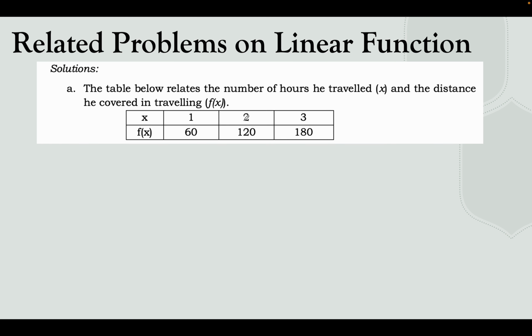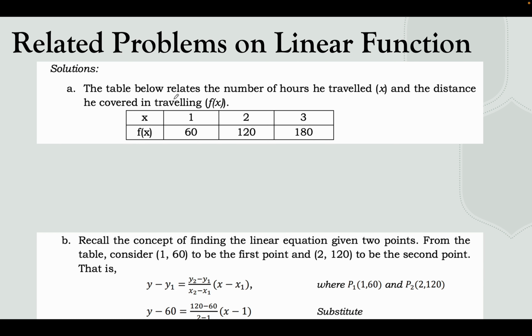In 2 hours, he traveled 120 kilometers. In 3 hours, he traveled 180 kilometers. So you can state just 3 points in your table. It's acceptable already.